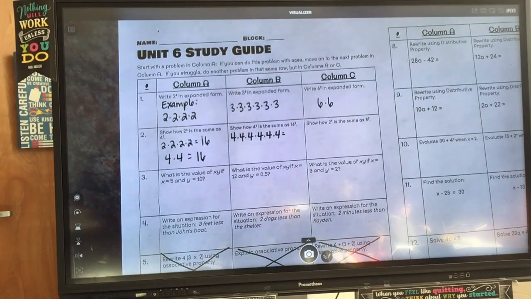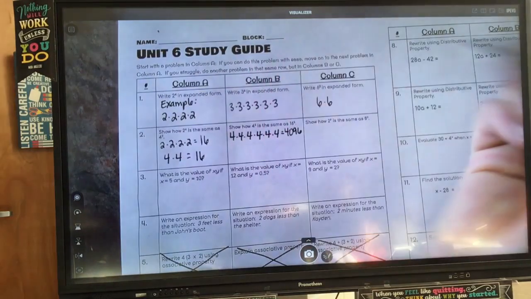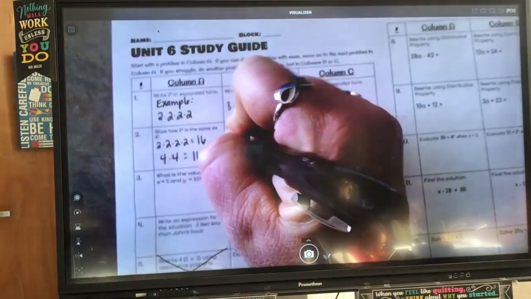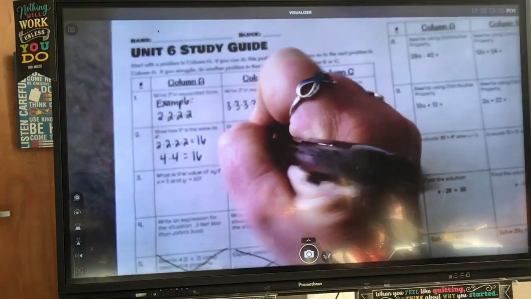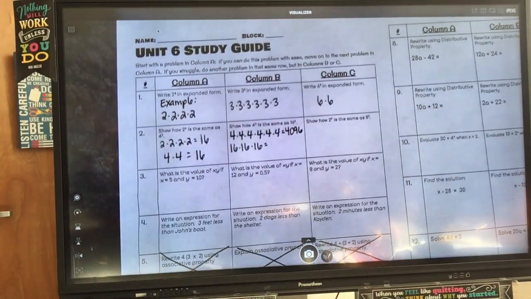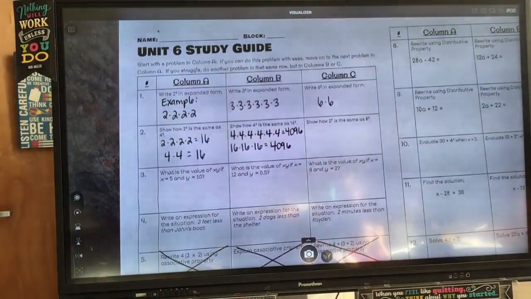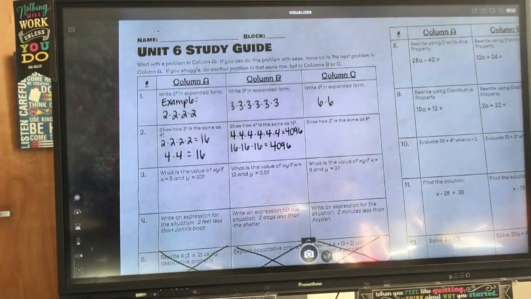Everybody? Jonathan? 1096. Yes. So this equals 4,096. Alright, 16 times 16 times 16 equals what? Christiana? 4,096. So again, if you didn't get this right, please make sure you are copying down the right information.